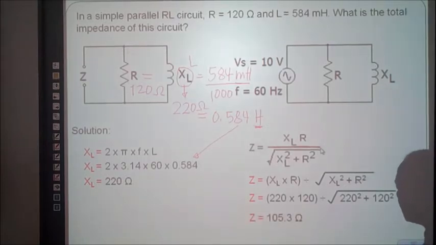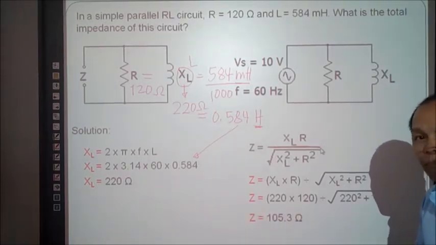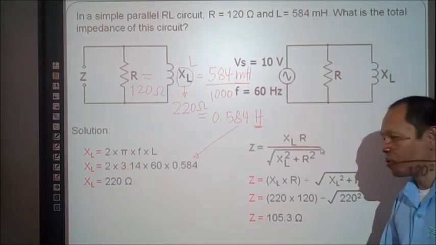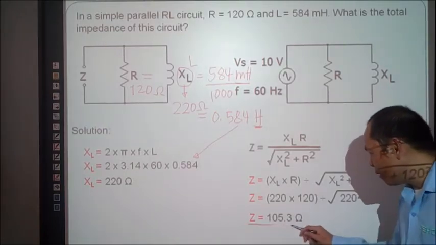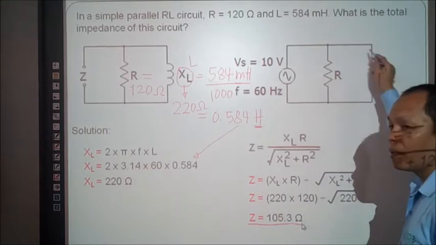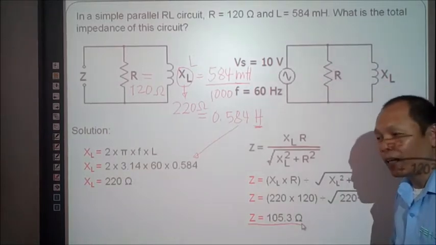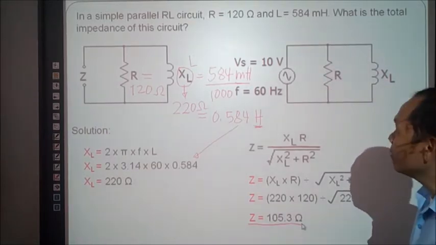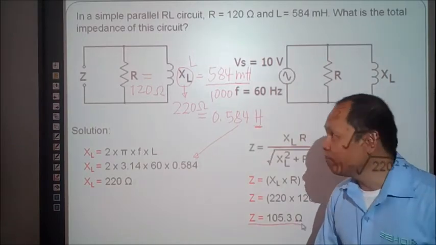So Z now is equal to 105.3 ohms. This is now the impedance of the circuit, parallel RL circuit.